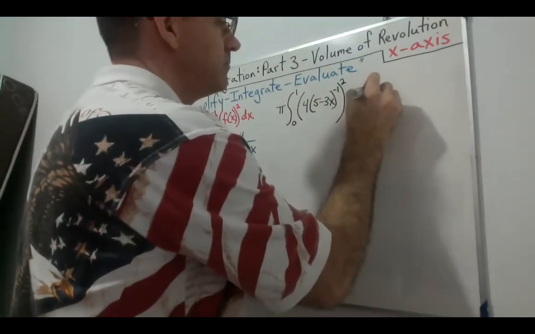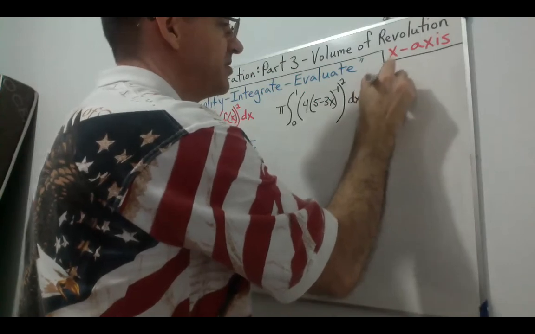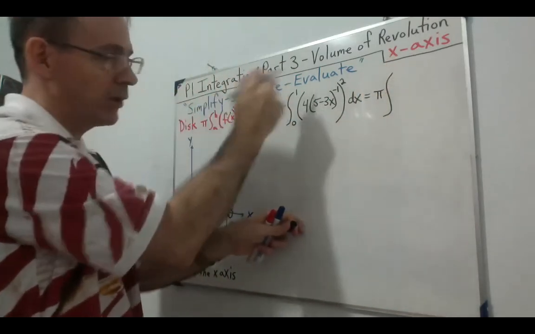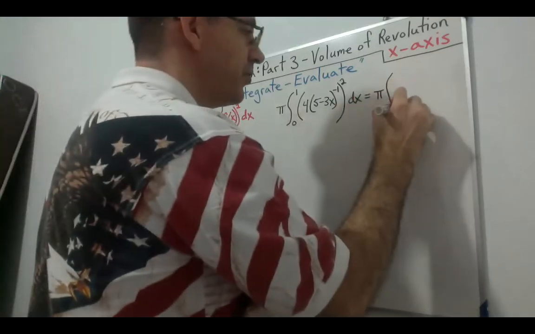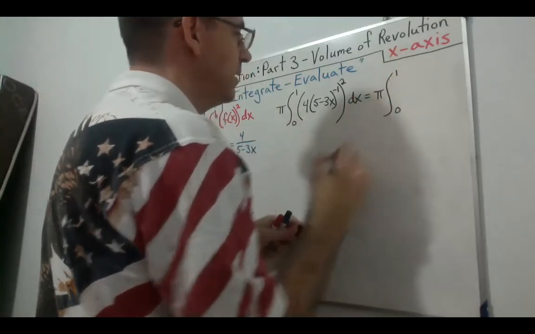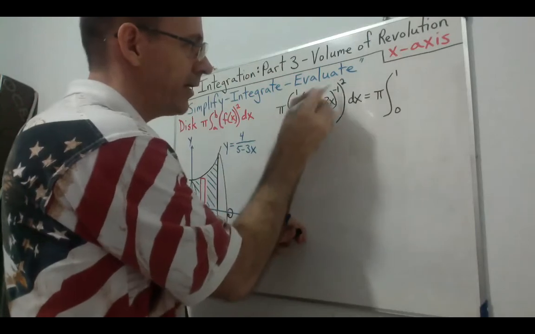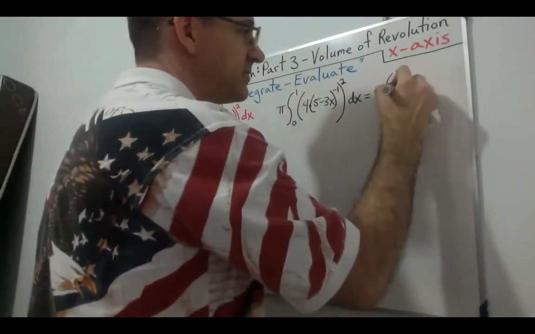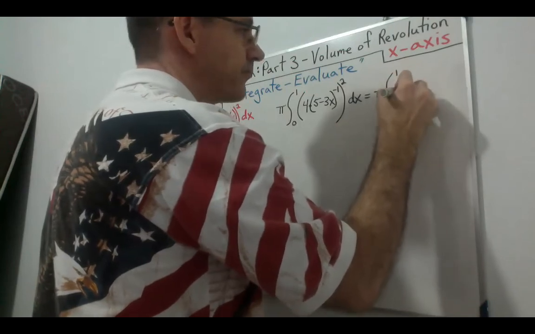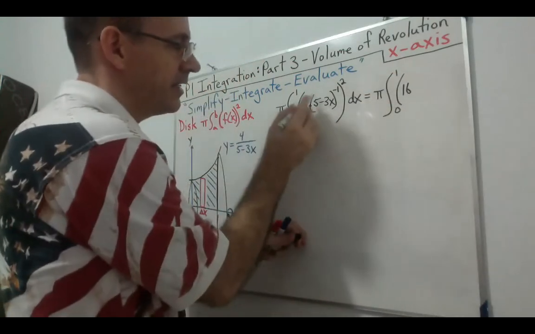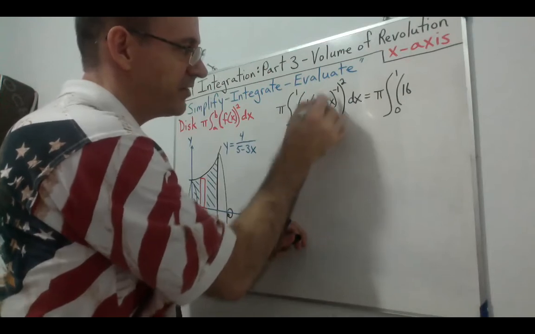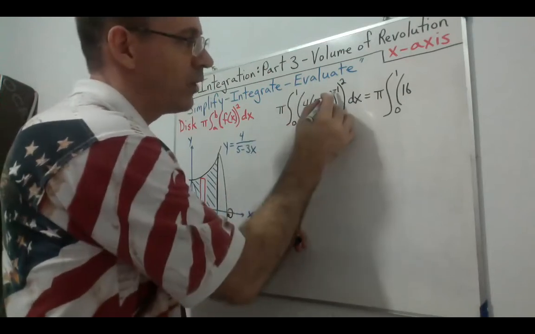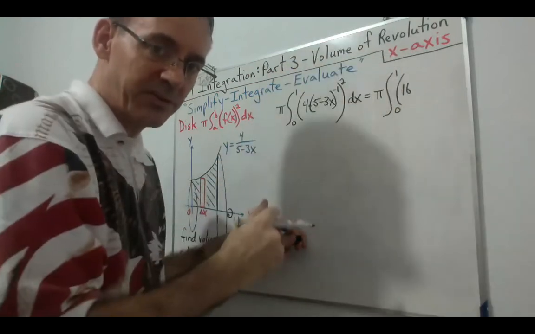So what we get is pi, still have our integral, we haven't integrated. So pay attention where you're at, 0 to 1. Now the square distributes to multiply. So the square on the 4 makes 16. Then on this parentheses, it has an exponent, -1, and when you raise an exponent to an exponent, you multiply.